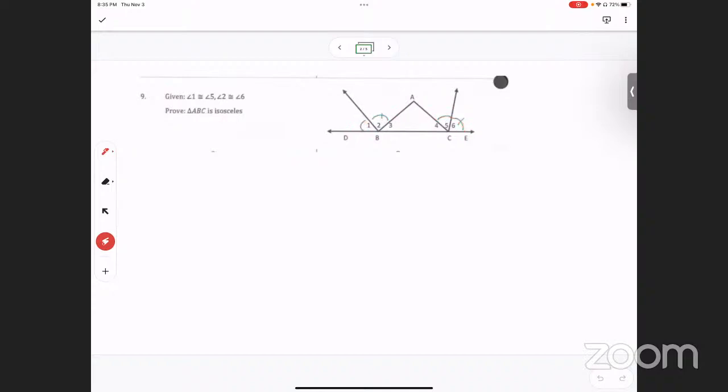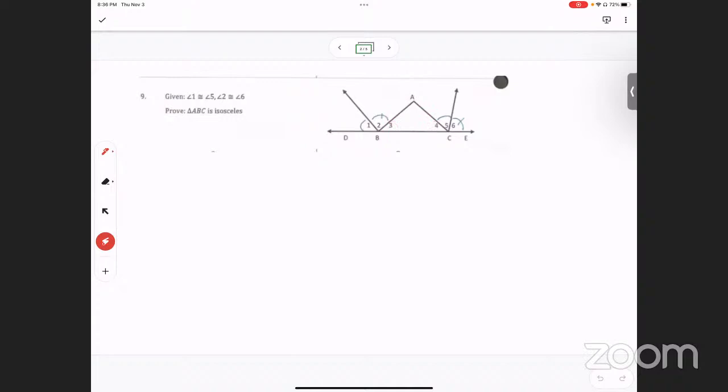So call it DBA is equal to ECA, right? And so that's the addition property.